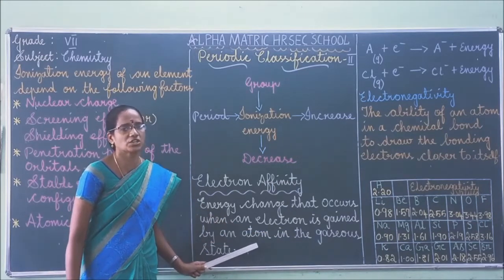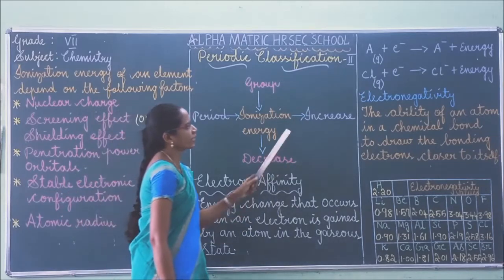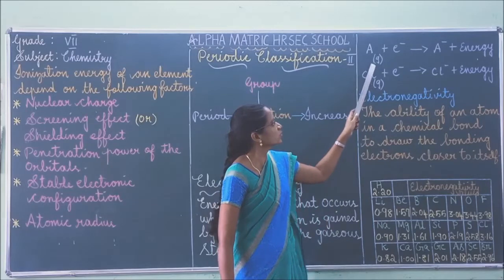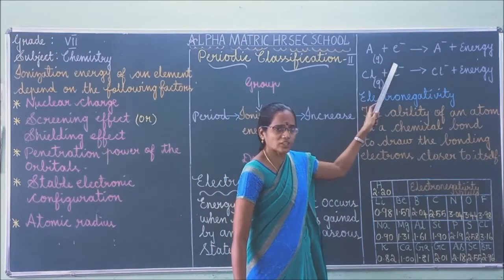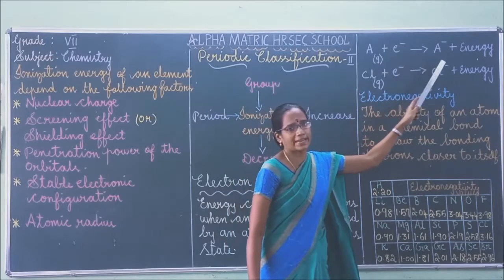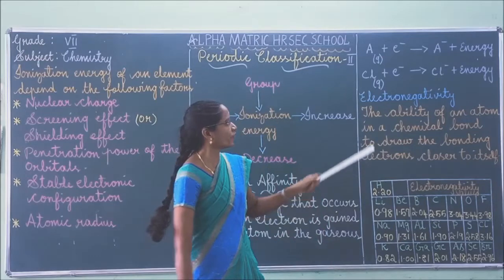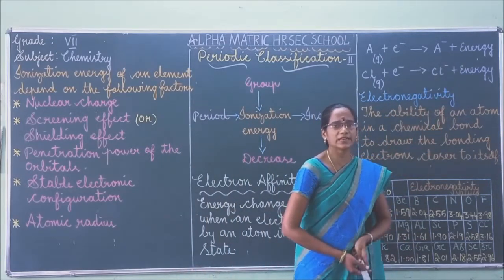This is the definition for electron affinity. So, for example, A is a gaseous atom. This gaseous atom gains an electron to form an anion. Anion means negative charge, right? To form A minus, and energy is released.